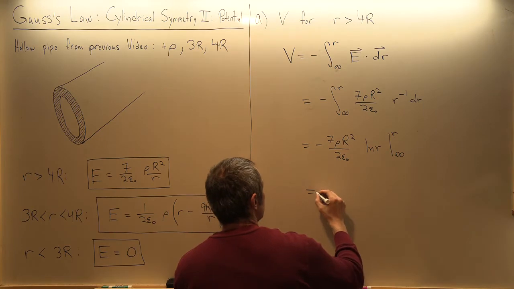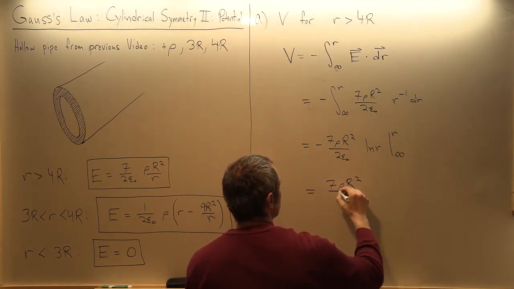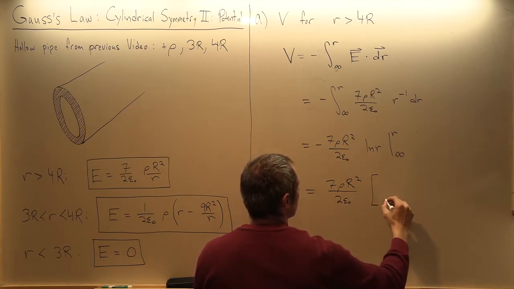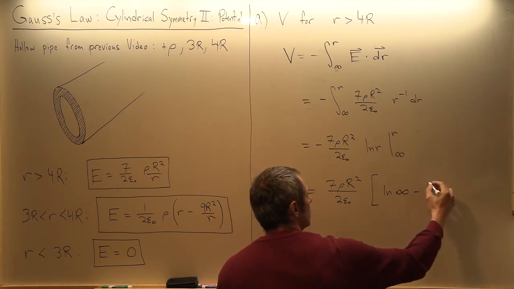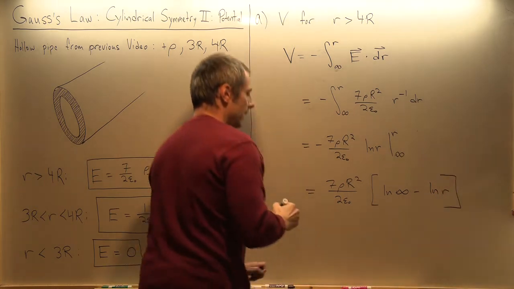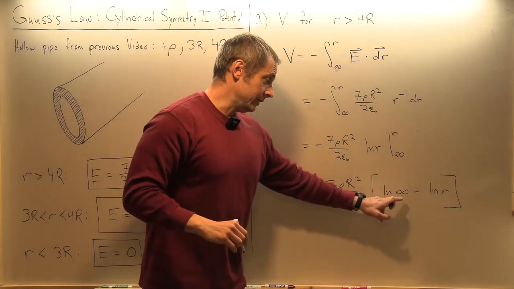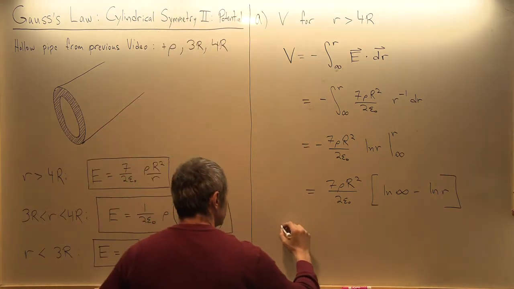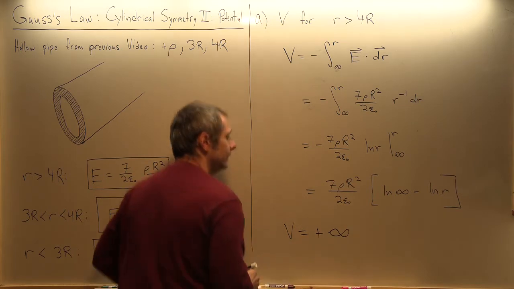So I could get rid of the minus sign. And here's a bit of a problem, because log of infinity is also infinity. So this voltage comes out to be an infinite amount.